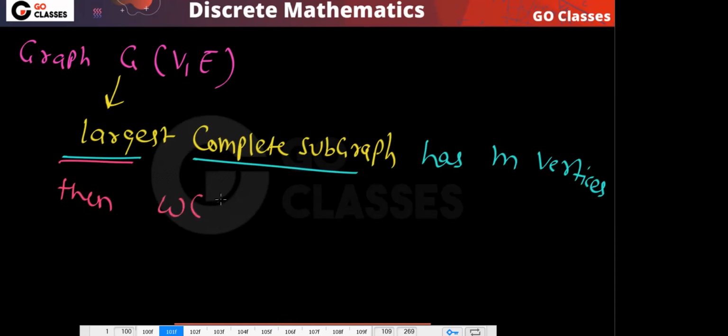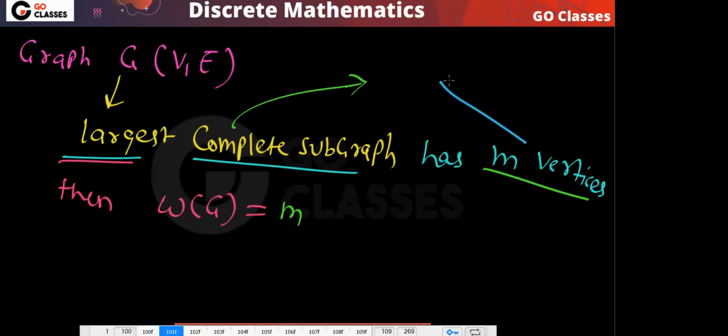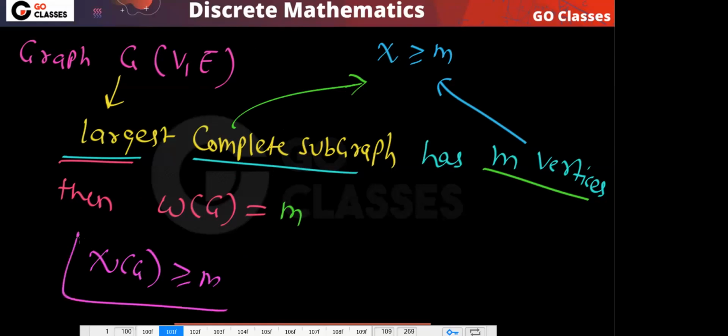It means your clique number is m. And because this is a complete subgraph on m vertices, how many colors do you need? Definitely at least m colors. So the chromatic number will definitely be greater than or equal to m.